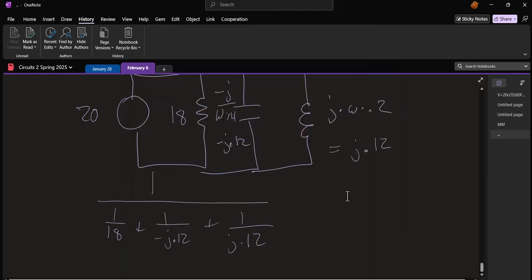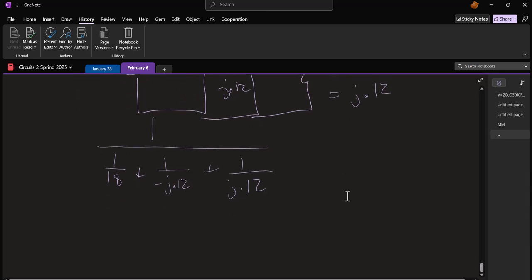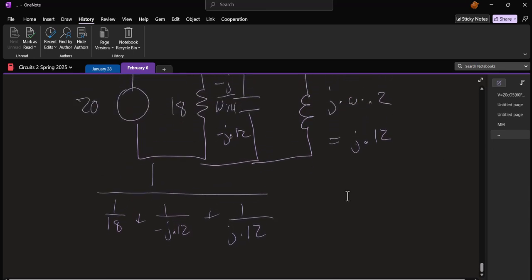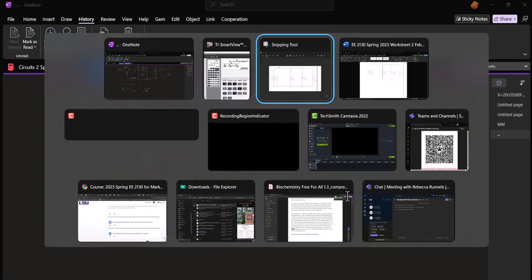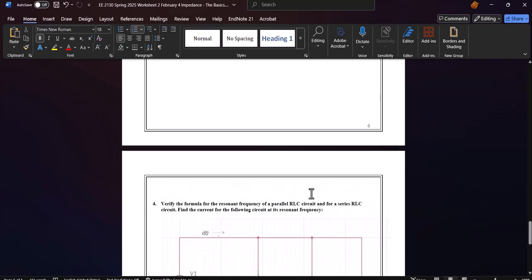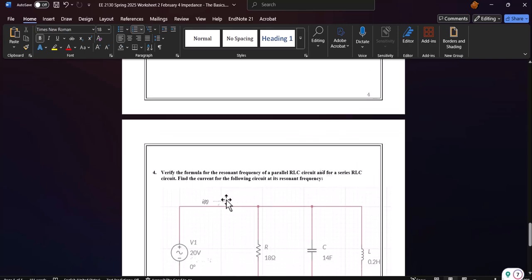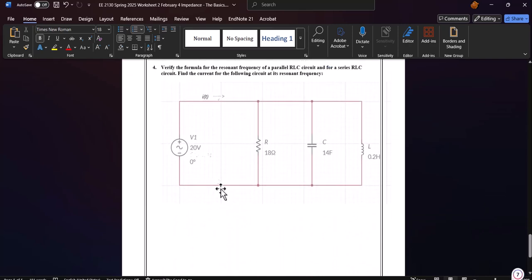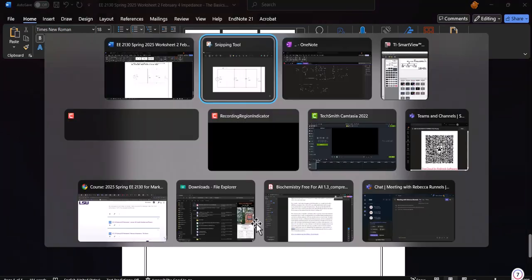And so we get 18, and so to find the current, I think that was what the instruction said, find the current through here. Now I just have V equals IR. I just have 20 volts and a resistance of 18.